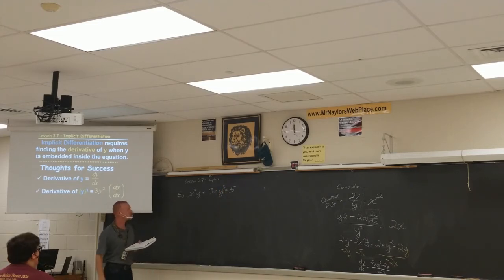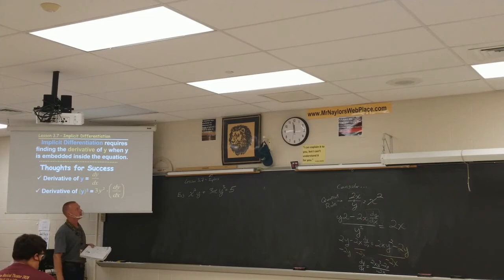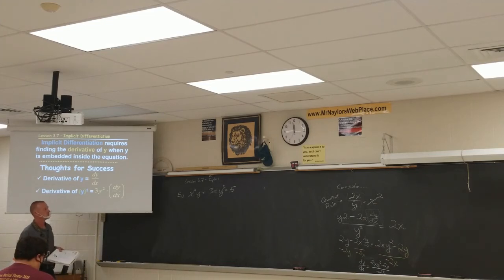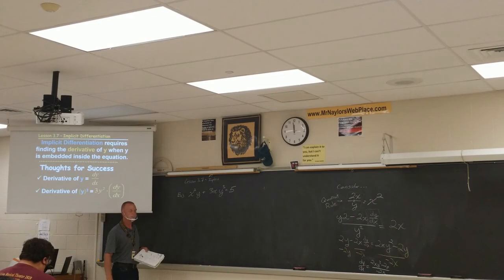x squared times y plus 3xy cubed equals 5. All right, maybe some things grab your attention, like if you notice there's a couple different y's.